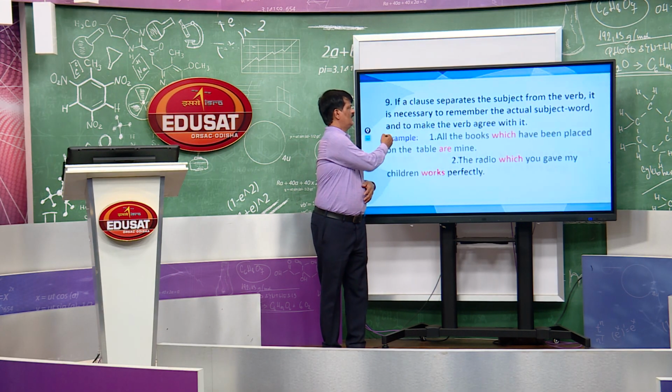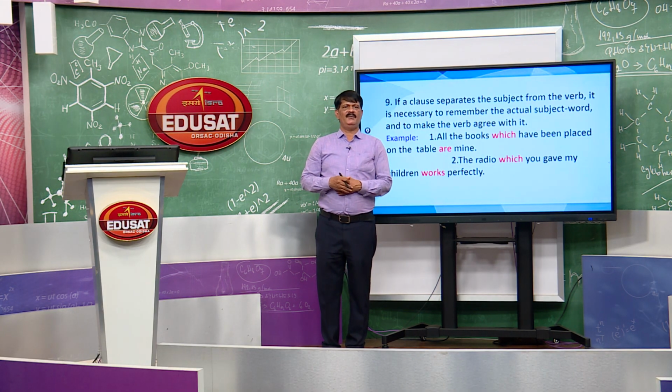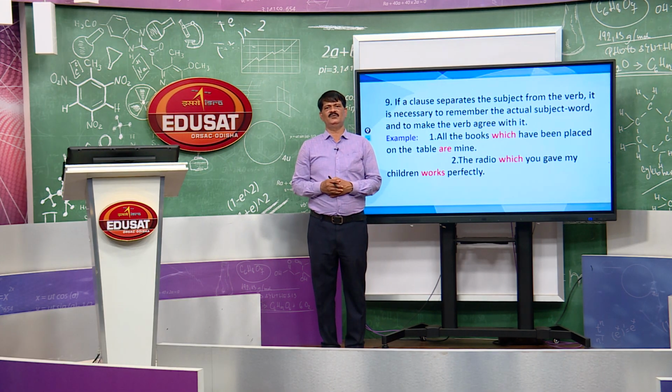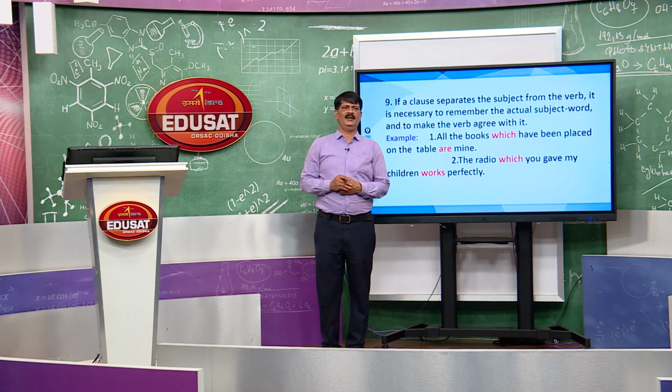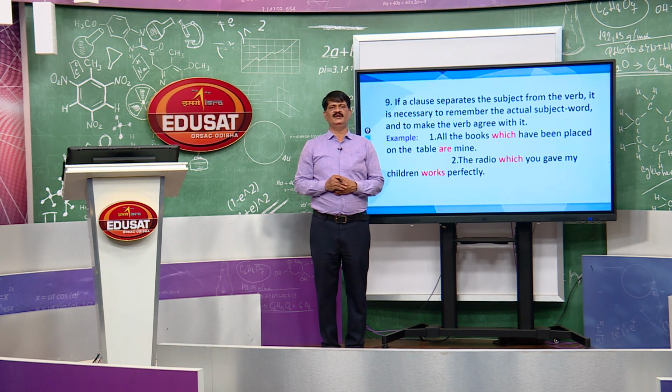Number 9: if a clause separates the subject from the verb, it is necessary to remember the actual subject word and make the verb agree with it. Example: all the books which have been placed on the table are mine.